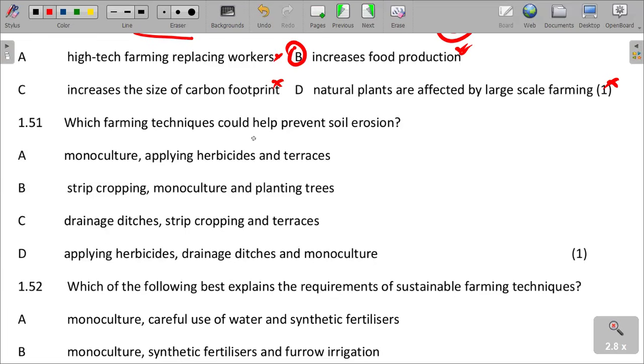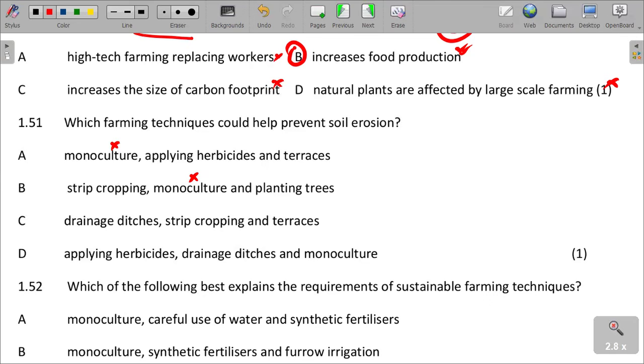Which farming technique could help prevent soil erosion? Soil erosion is the loss of soils from arable lands. It can be because of monoculture. Applying herbicides and terracing can help to prevent soil erosion. The moment we talk about monoculture, it tends to cause erosion.